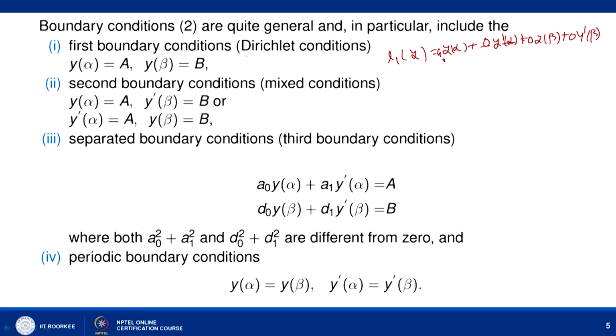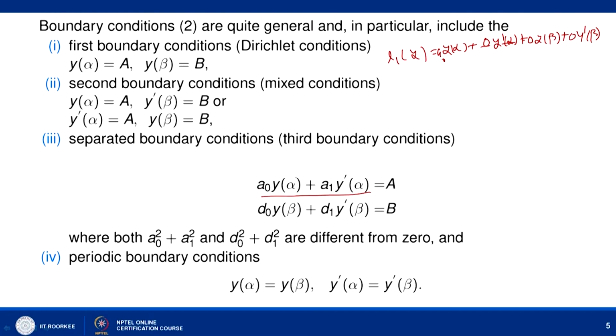Now, third, that is the separated boundary condition. It means that one condition is given entirely at one end point, and the other boundary condition is given at the other end point. Here your L1y is defined only at x equal to alpha.